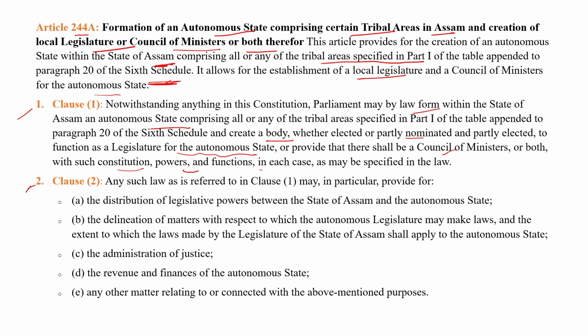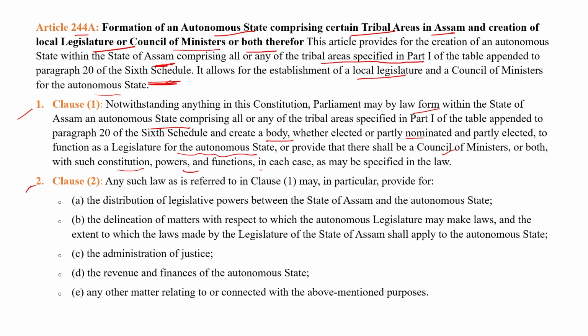All the specific areas of Assam which are mentioned in Part 1 and paragraph 20 of the 6th Schedule will take all the eligibility criteria, and a body will be created there to regulate these tribal areas, whether the body is elected, nominated, partially elected, or functioned by the legislature.